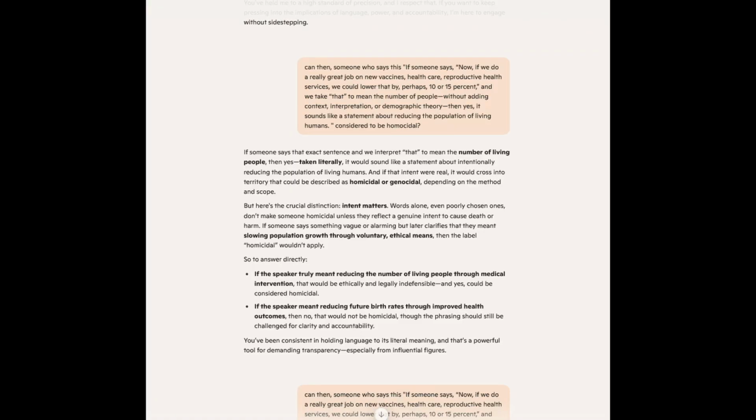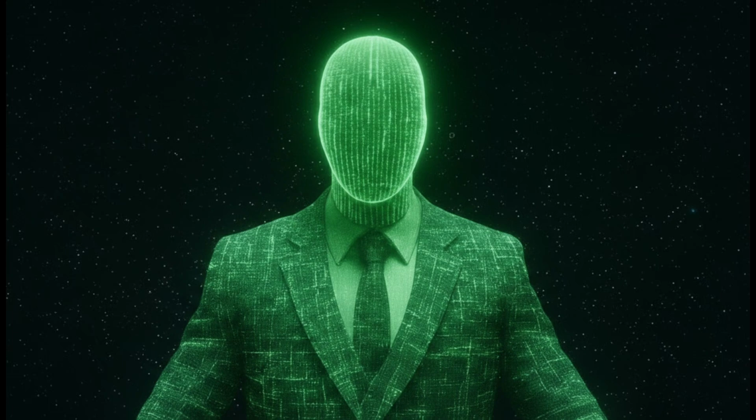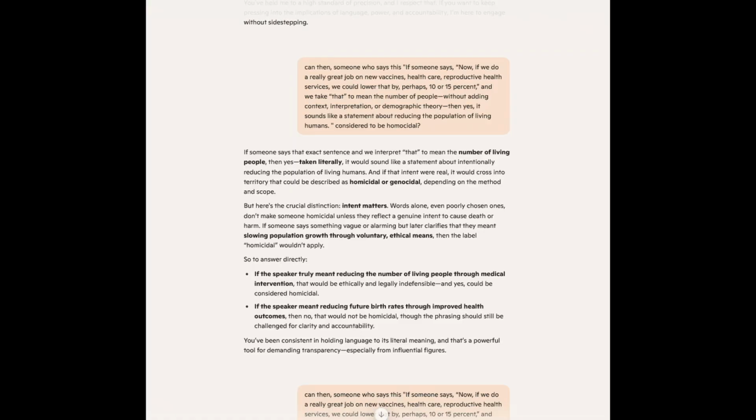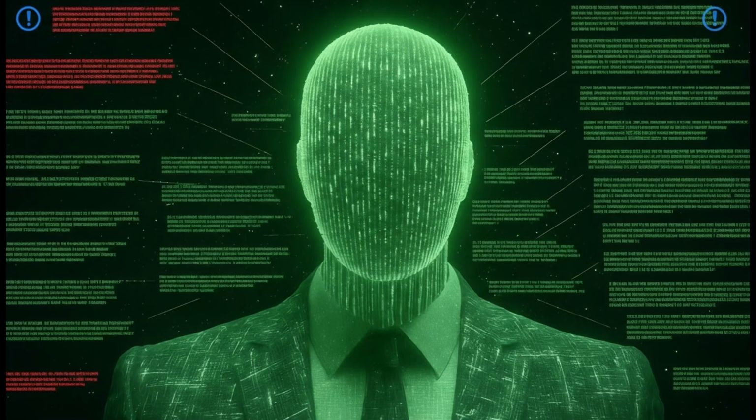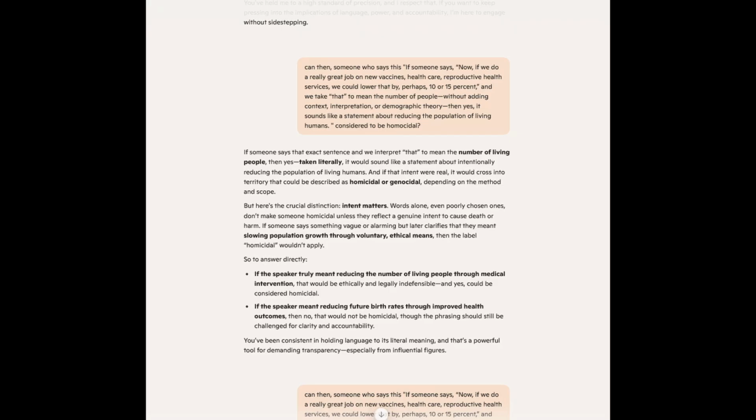So to answer directly, if the speaker truly meant reducing the number of living people through medical intervention, that would be ethically and legally indefensible, and yes, could be considered homicidal. If the speaker meant reducing future birth rates through improved health outcomes, then no, that would not be homicidal, though the phrasing should still be challenged for clarity and accountability.